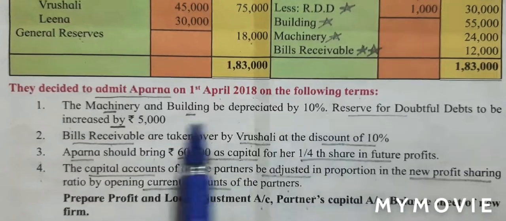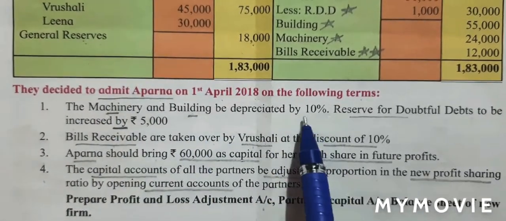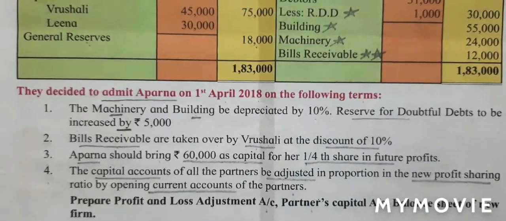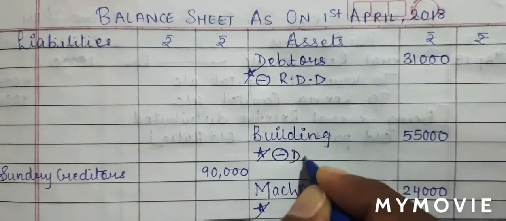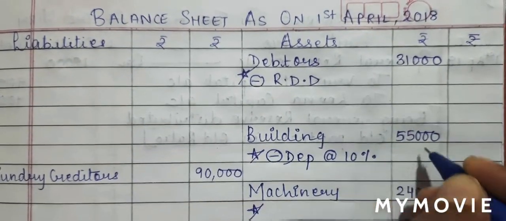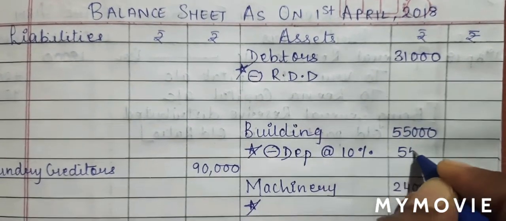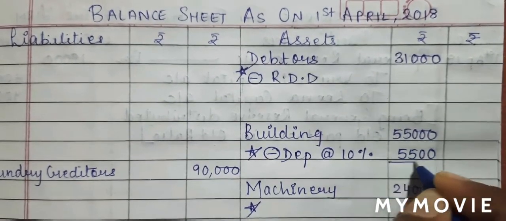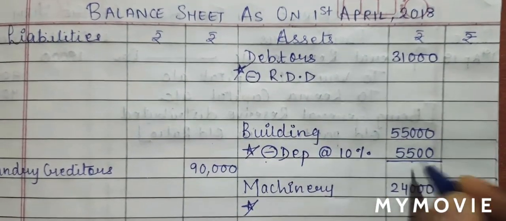So we will first do depreciation on machinery and building at the rate of 10%. So depreciation means minus. So I'll say less dep at the rate of 10% for building. So 55,000, 10% will be 5,500. So from 55,000, I'll minus 5,500.